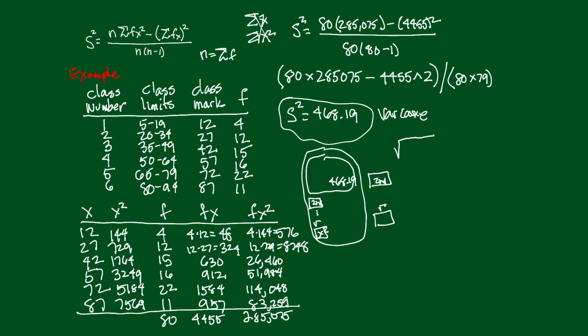And then you want that 468.19. Now, you can type that number in, or you can do this. You can just go ahead and type it in, 468.19, or, you've got that square root, and then press the second key, and then down here at the bottom right, you have that enter key, but right above it, it says entry.